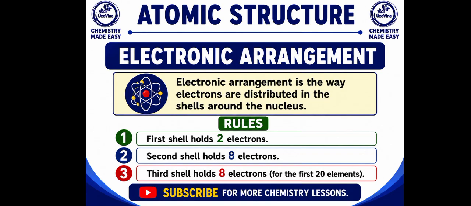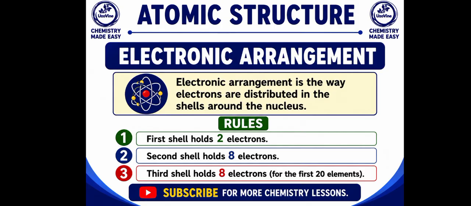So let's look at the rules that guide the way we distribute the electrons in shells around the nucleus. First, we should know that the first shell holds a maximum of 2 electrons. The second shell holds a maximum of 8 electrons.